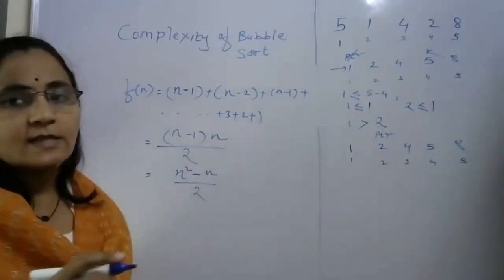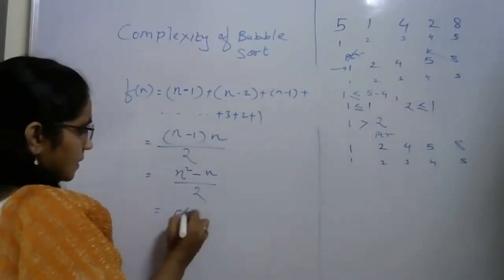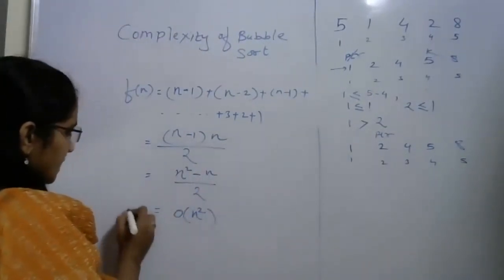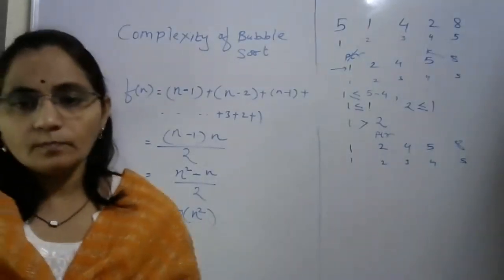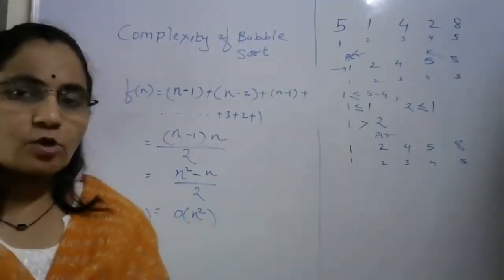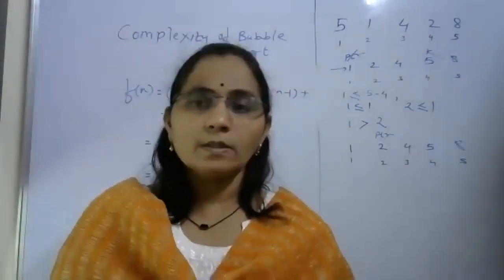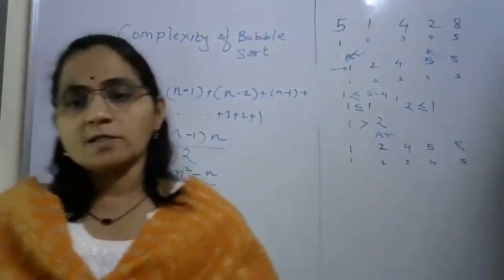And what is the highest exponent order? 2. So the complexity of bubble sort is order of n square. Most of the time the question asked on this topic is: what is the complexity of bubble sort? The complexity of bubble sort is order of n square.